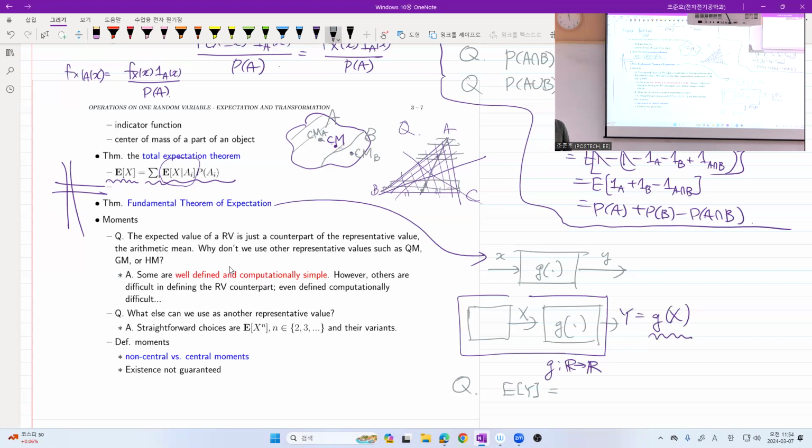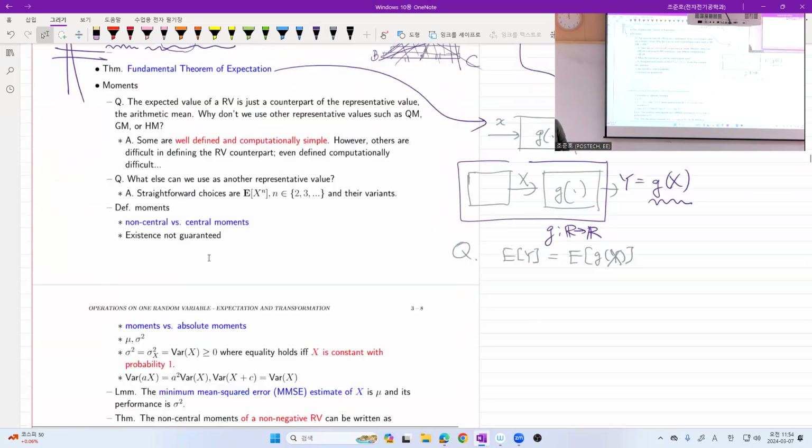Anyway, given that, since we were thinking about the expected value, my question is, what is the expectation of Y? And by using this new notation, we may put that notation into the argument. So our question is this: E of G of X. And according to our definition, let's focus on the left-hand side. What do we need? We need to derive, for example, the new probability space and probability measure.